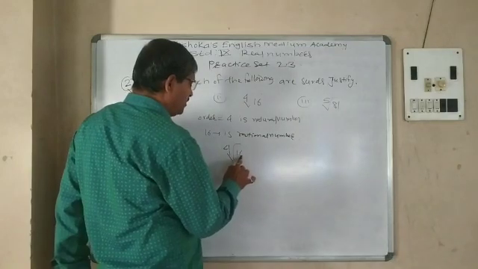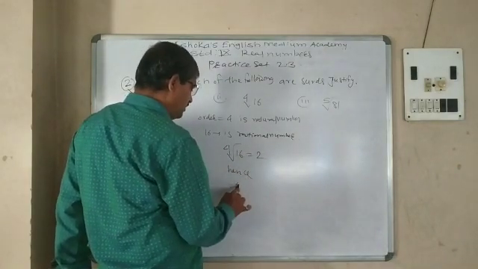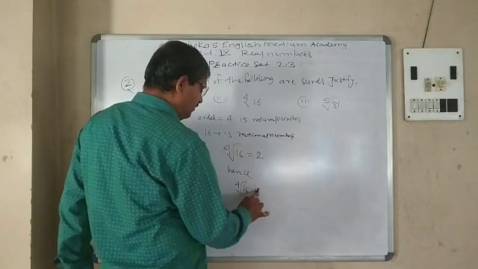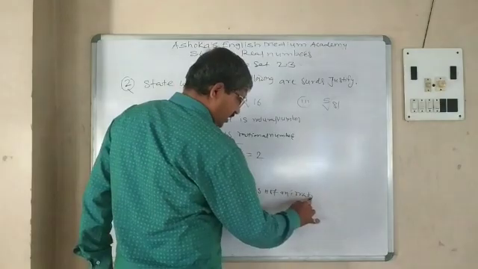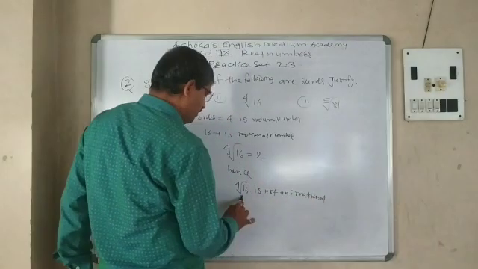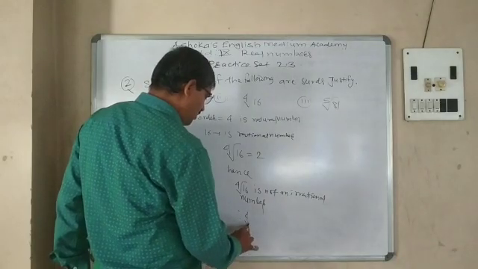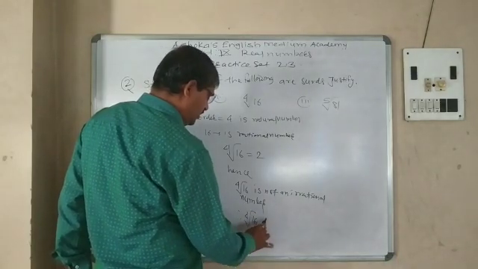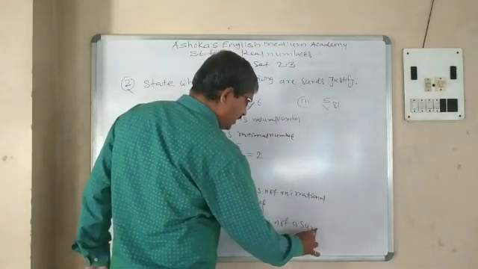Fourth root of 16 is equal to 2. Hence, fourth root of 16 is not an irrational number. Therefore, fourth root of 16 is not a surd.